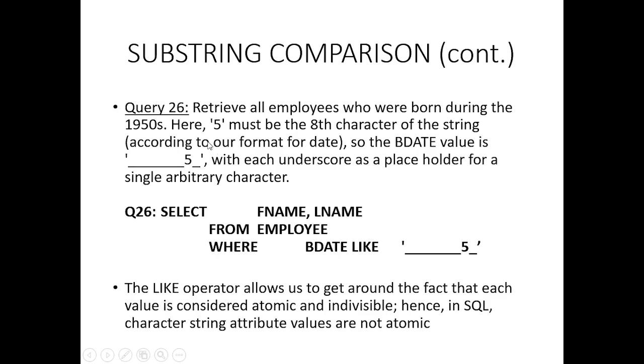So we are checking this 5 only. So SELECT F name, L name FROM employee WHERE B date LIKE with 5 at the eighth character. And the LIKE operator allows us to get around the fact that each value is considered atomic and indivisible. Hence, in SQL, character string attribute values are not atomic.